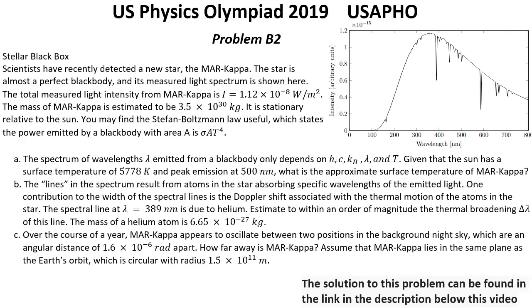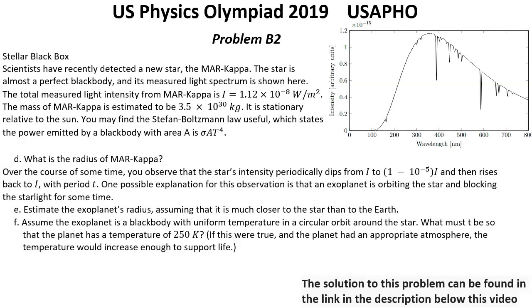How far away is MAR Kappa? Assume that MAR Kappa lies in the same plane as the Earth's orbit, which is circular with a radius 1.5 × 10^11 meters.